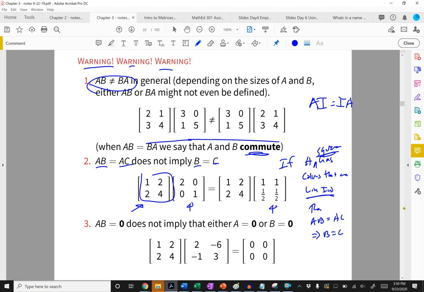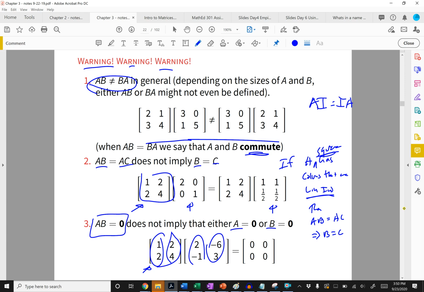Same thing with this. If A times B equals the zero matrix, it doesn't imply that either A or B is zero. That's true for real numbers, but here you see an example where that's not true. You may also notice these columns are linearly dependent.